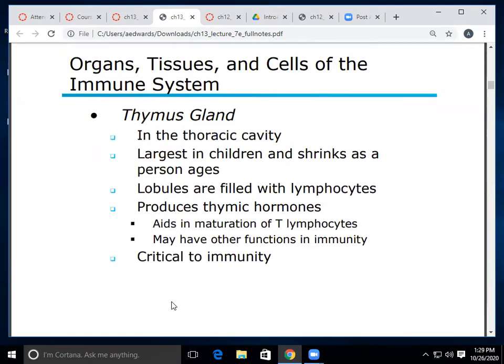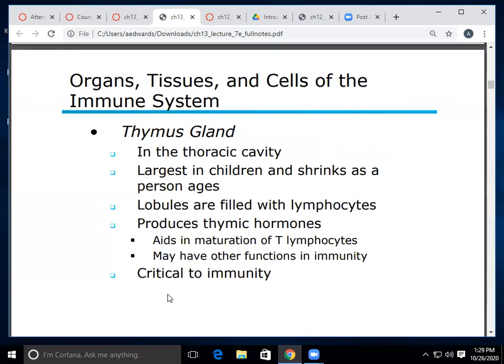Another primary lymphatic organ is the thymus gland. It's in your thoracic cavity, just superior to the heart. It's actually larger in children than it is in adults; it's smaller as you get older.